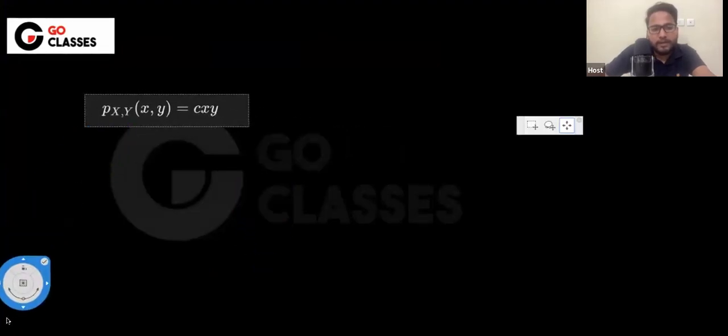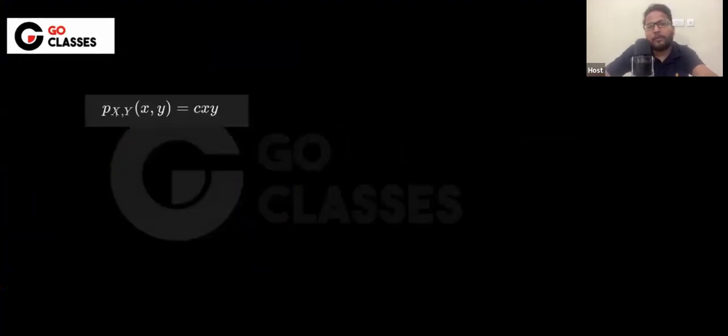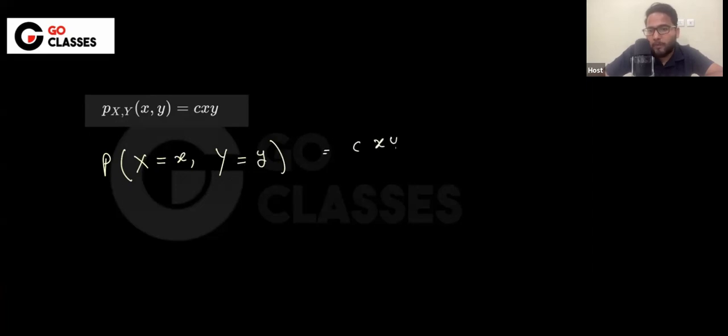It means that I'm talking about capital X equal to small x, comma, capital Y equal to small y. Do you know this notation? How many of you know it?